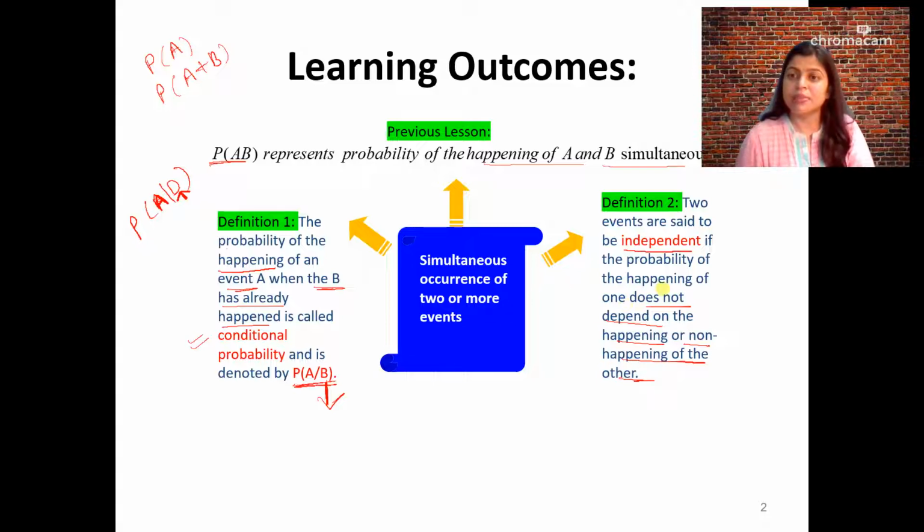Sometimes events are dependent, sometimes independent, and sometimes mutually exclusive, which we learned in the previous lesson. If the events are not related, they are independent. If they are related in any manner, they are called dependent. And if the happening of one event rules out the happening of the other, that is called mutually exclusive. These are the points we need to keep in mind.